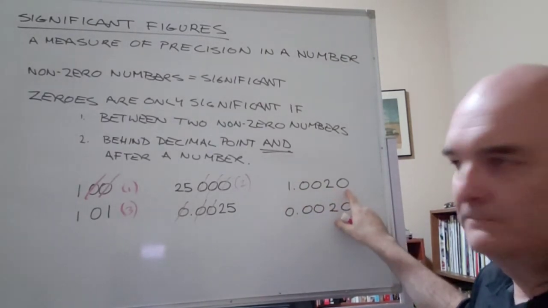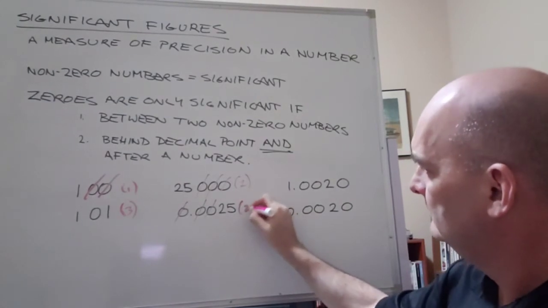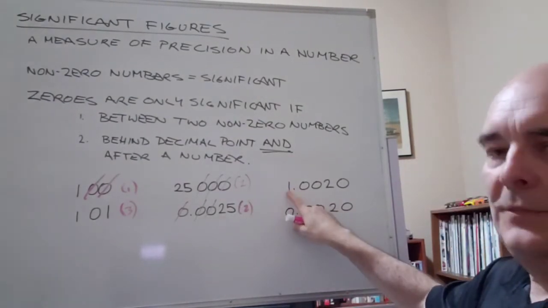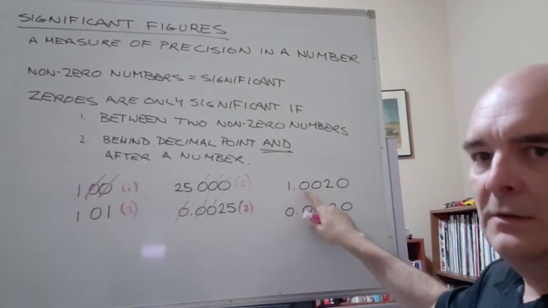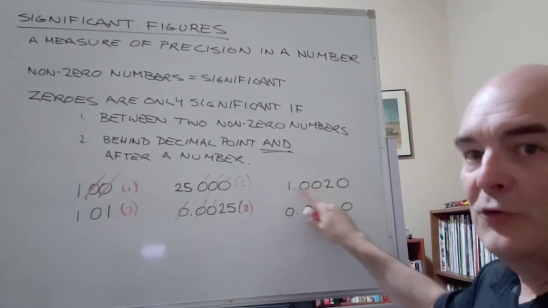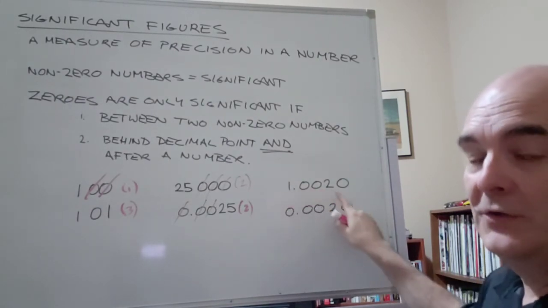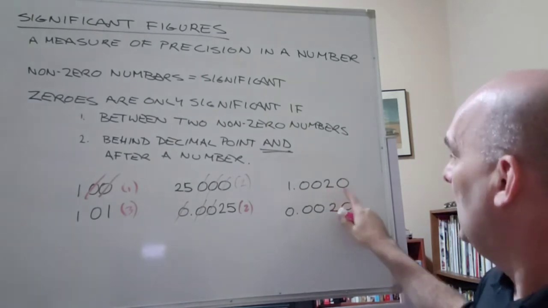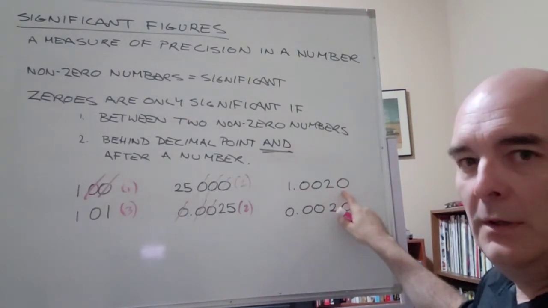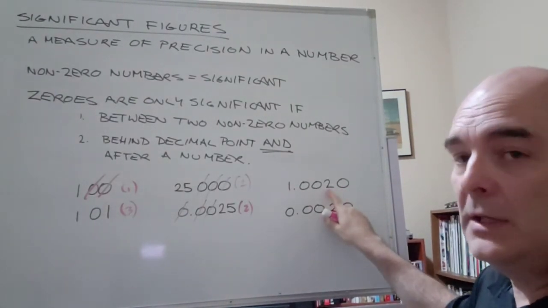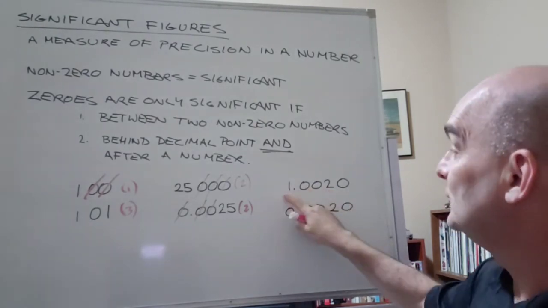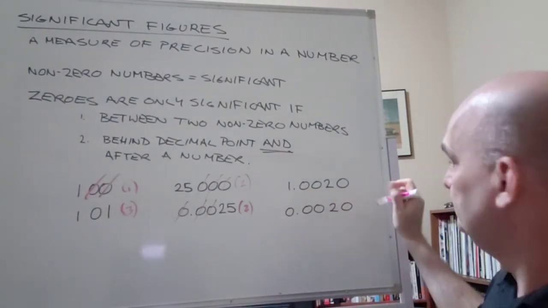1.0020. That number is significant. There are 2 zeros here. Those zeros are between the 1 and the 2, so they count. And then there is a 0 that trails another number after the decimal, so they all count.